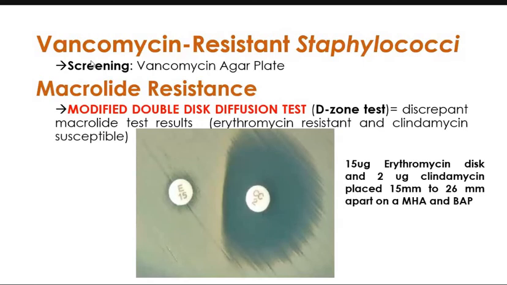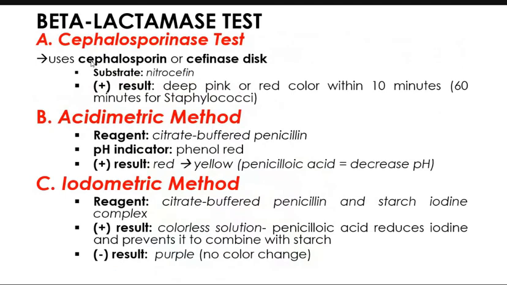Okay? So, merong blunting dito sa may clindamycin disc. So, the 15 microgram erythromycin disc and 2 microgram of clindamycin placed 15 millimeters to 26 millimeters apart on MHA and back. So, that is your D test or the D-zone test, checking for macrolide resistance.